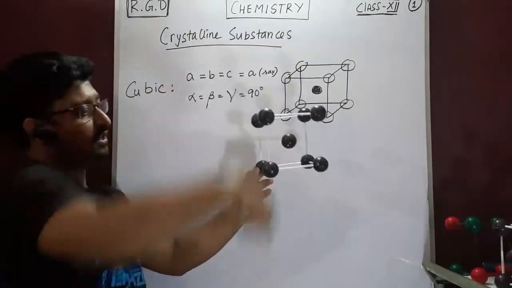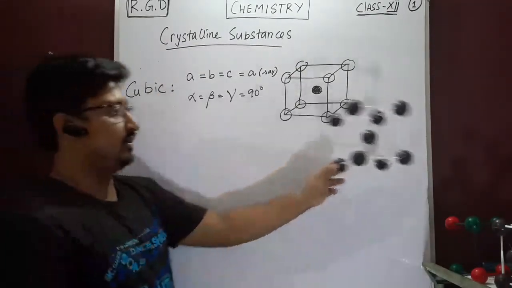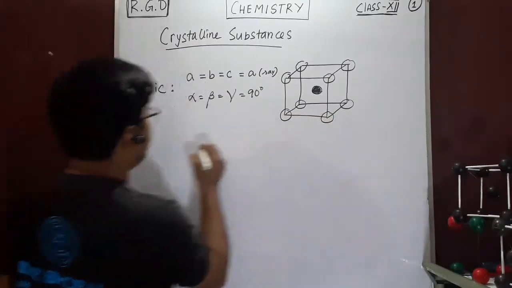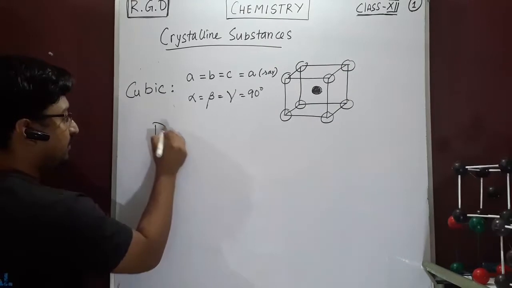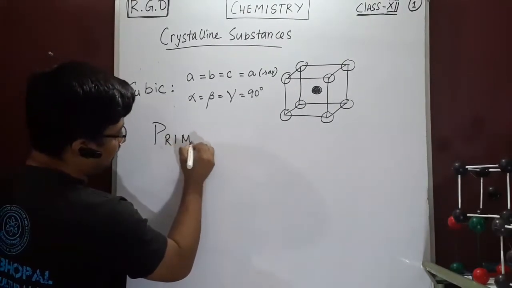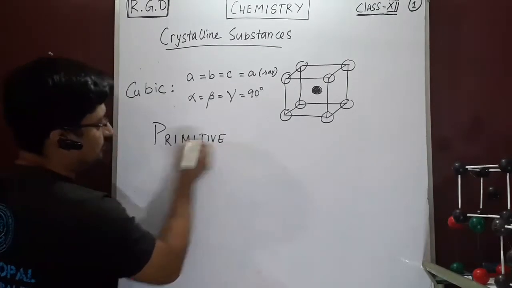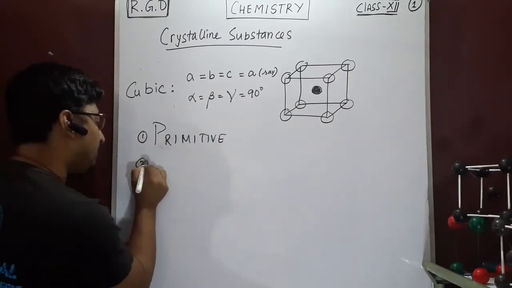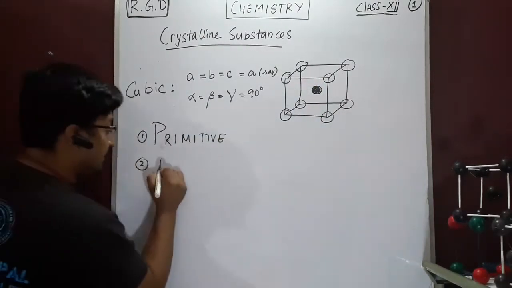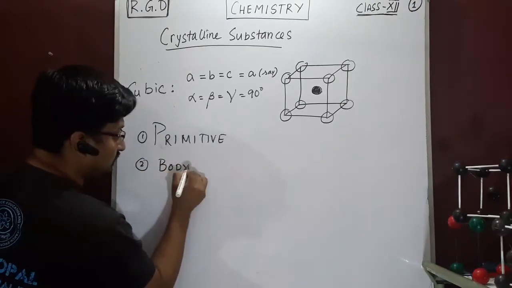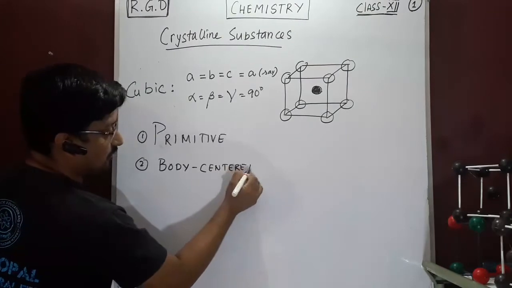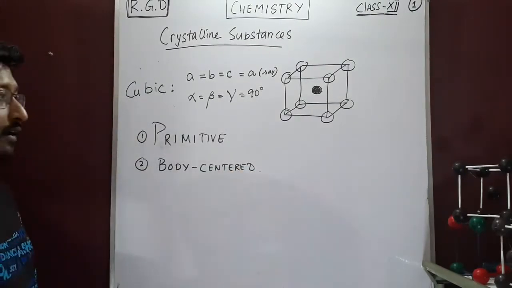Here all the atoms are there, but also the center. So what crystals do you have? First you have primitive, number one. Number two, you have body centered.